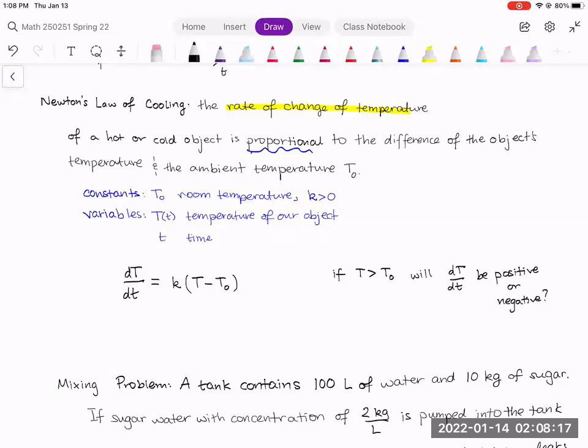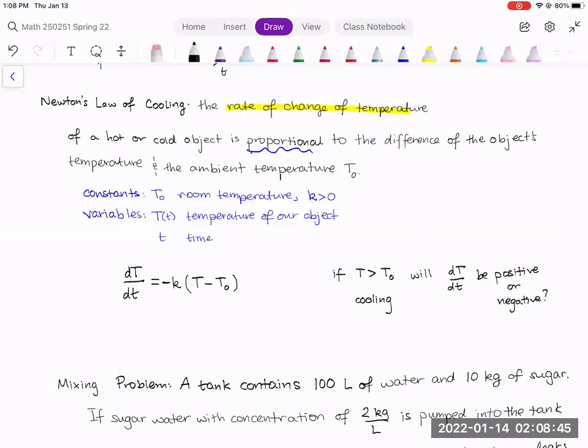If our object is hotter than the ambient temperature, we expect that it's going to cool down over time. So we expect to see cooling. Okay. And when we have cooling, what we're going to have is that the temperature of our object is decreasing. So we want a negative derivative here.